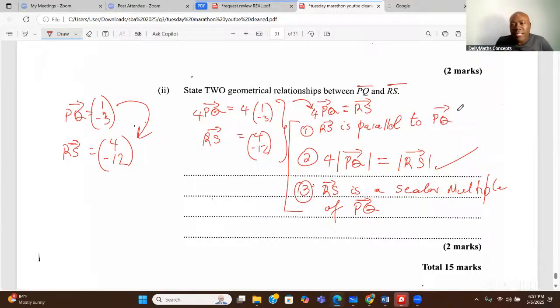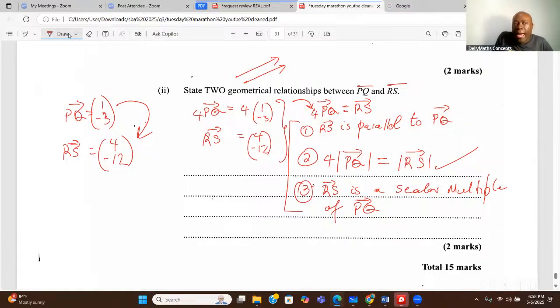It's just that you have a lot of knowledge. Parallel is a different thing. Parallel is parallel, you're telling them that they'll never meet. One is a scalar multiple of the other is another thing, but you use it to tell parallelism, but it's still another thing. It's 2 things.